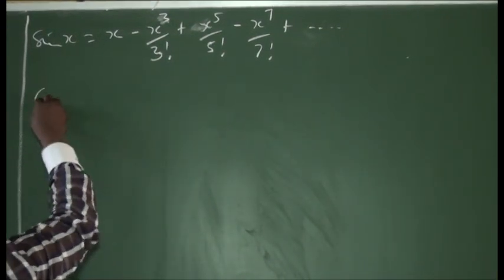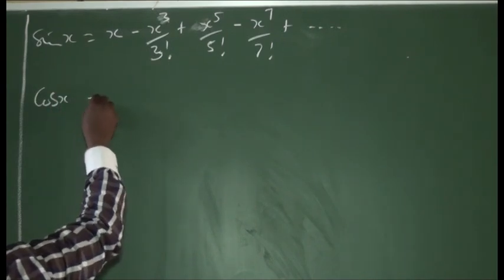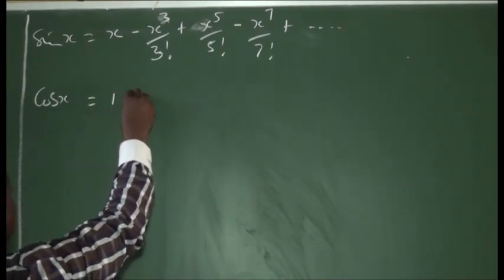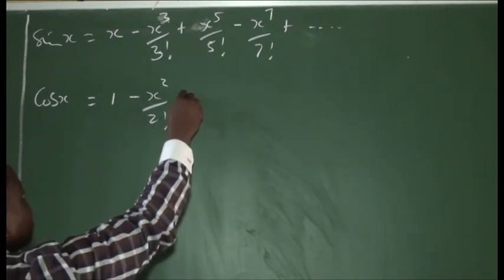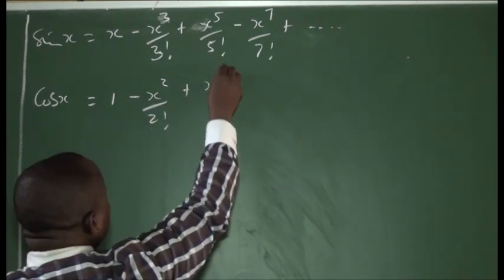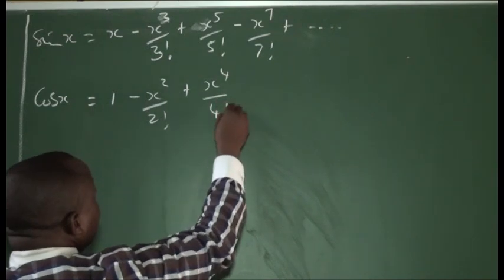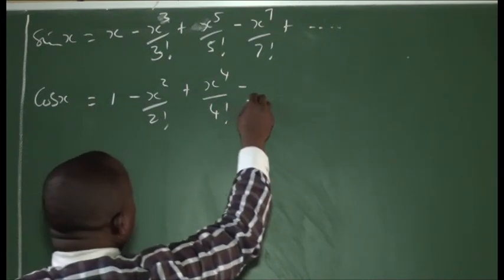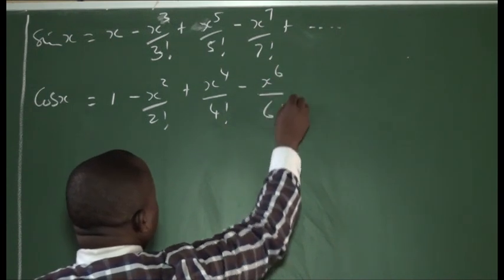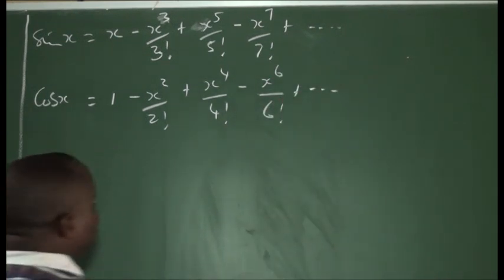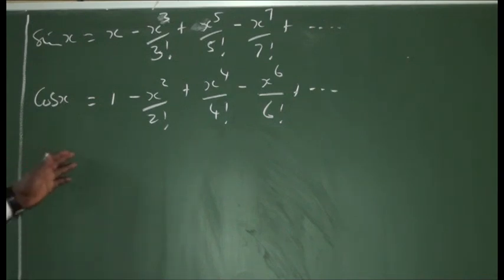Then for cos, we have 1 minus x squared over 2 factorial plus x raised to the power 4 over 4 factorial minus x raised to the power 6 over 6 factorial plus, and so on. This is the series expansion of cos.